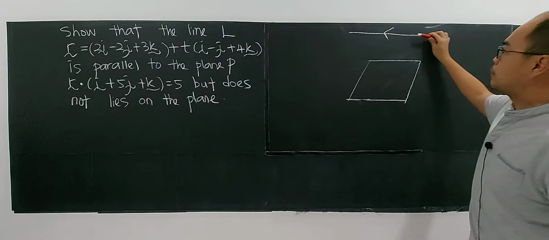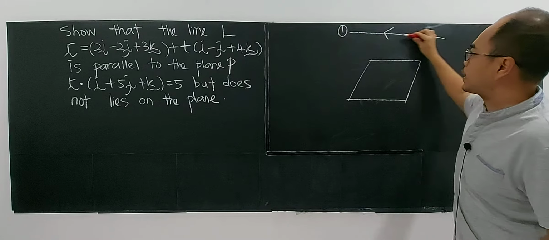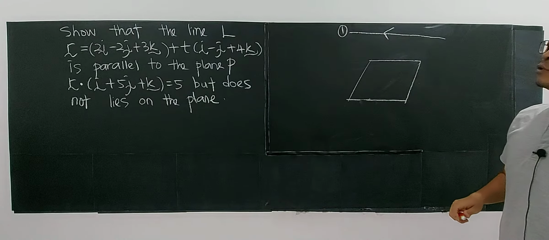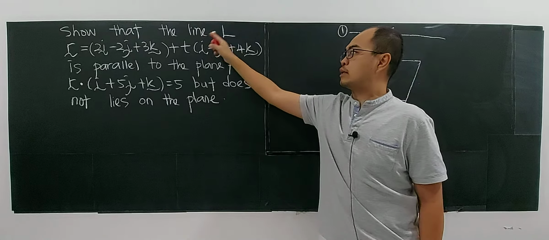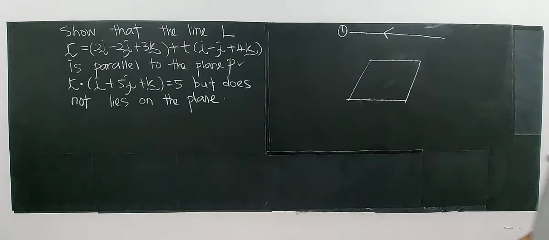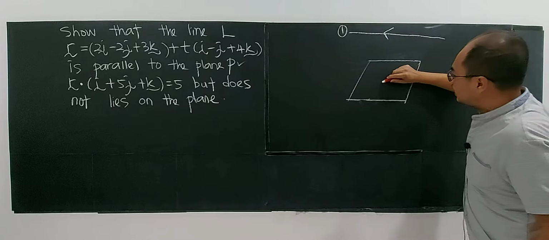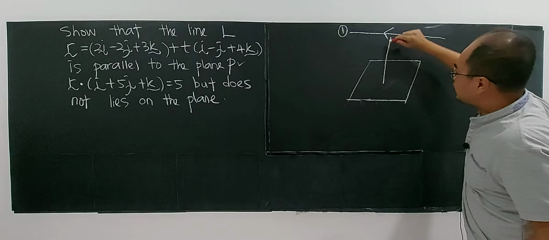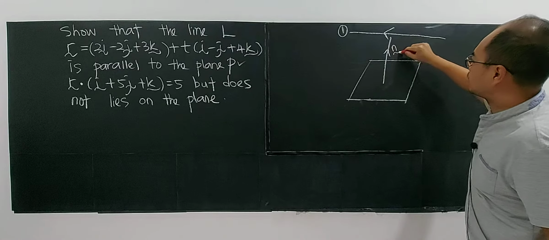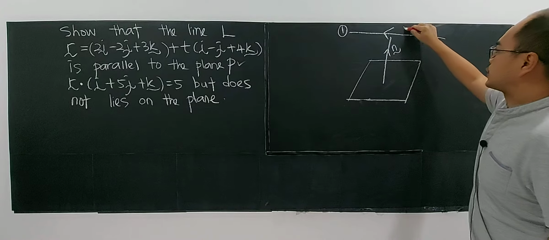But the most important thing at first, you must show that the line is parallel to the plane. So you see the question: show that the line is parallel to the plane. Okay, let's look at this statement first. So how to show that the line is parallel to the plane? Very easy. As you know, the plane has a normal, and the line has a direction.